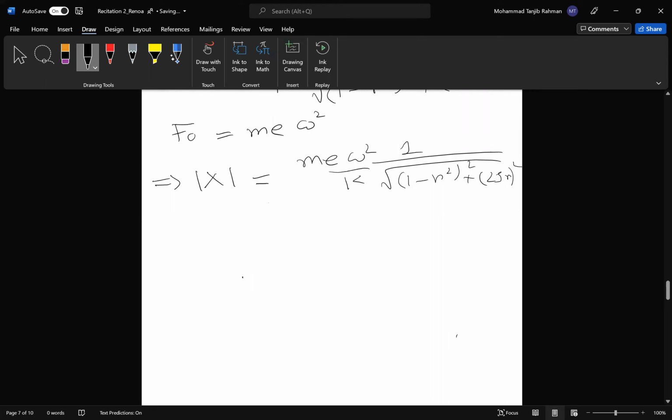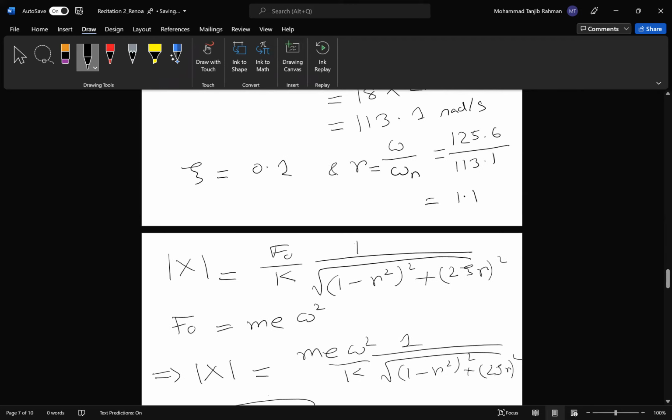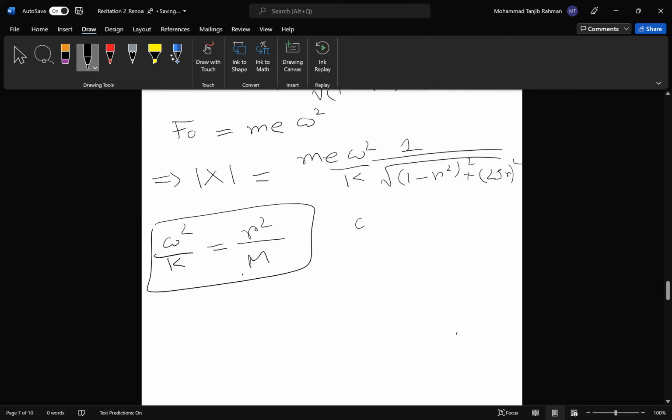Now, we can write that omega squared by K is equal to R square by M. Now, I'm going to derive how it came. So here you can see omega by omega n is equal to R. So omega square is equal to R square omega n square.